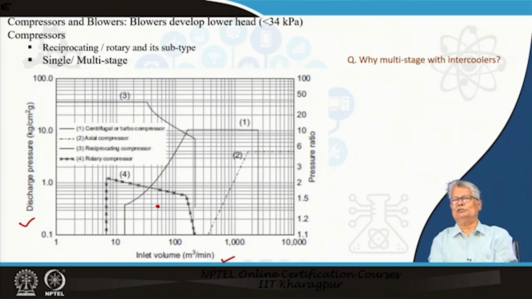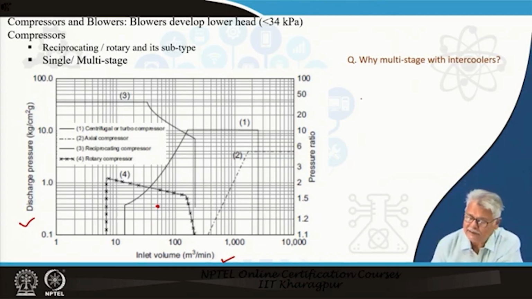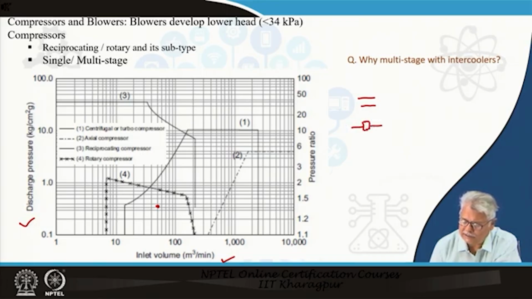Few features I would like to mention here in this particular case. Say, if I draw the schematic of this this way, which normally is a typical symbol for a reciprocating compressor, from here it will be entering a vessel. From the top the discharge goes out, and here normally what you have is a drain.